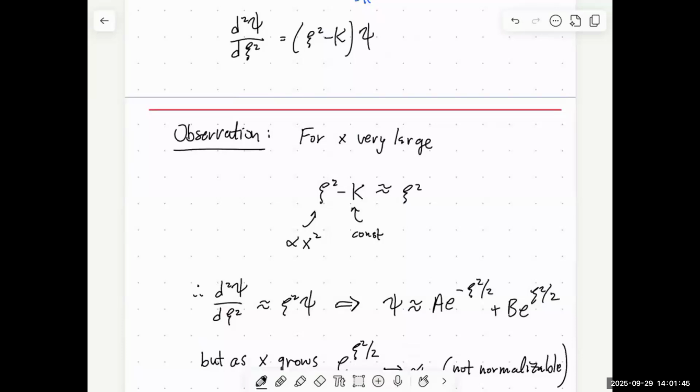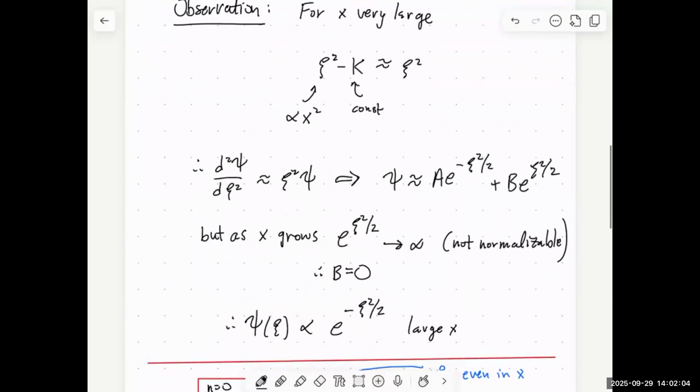So if x is huge, then z is huge. We're going to imagine we find such a large value that we can ignore this minus k. And then that gives us a simpler differential equation where we could immediately write down a solution. And so it's this exponential type function.